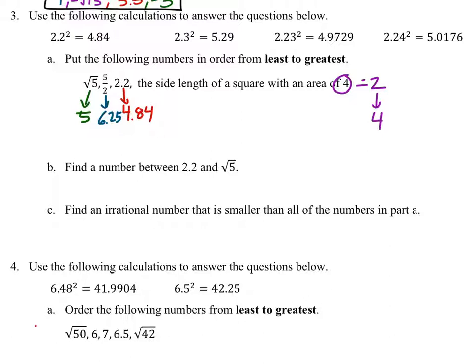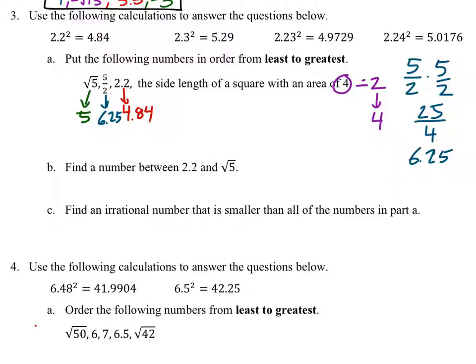So for example, you've got 5 halves times 5 halves, that'd be 5 halves squared. 5 times 5 is 25, 2 times 2 is 4, 25 fourths. 25 divided by 4 is 6.25. So that's where that decimal value came from right here.